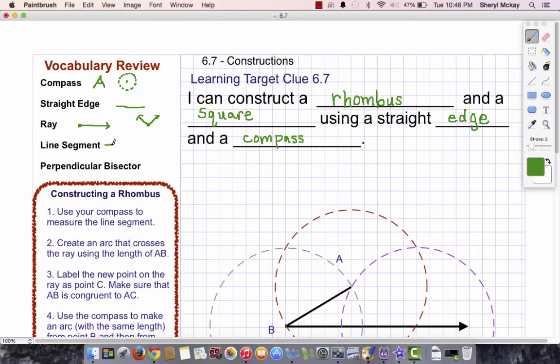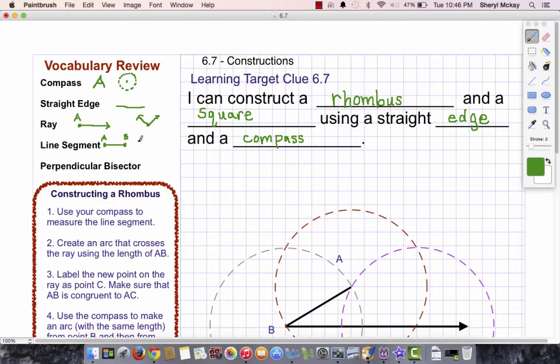A line segment is a part of a line, and it has two endpoints. It has a start and a stop. There's no part of it that goes on forever, and usually we label those A and B, or two letters. The same is true for a ray. We'll give it a letter at the end point, and we call this ray A, okay?